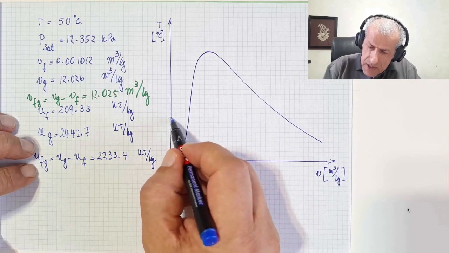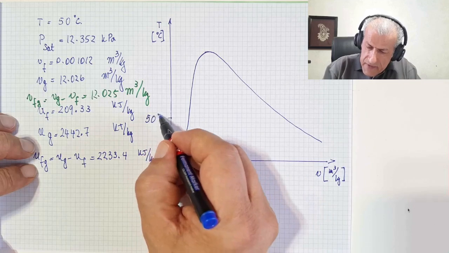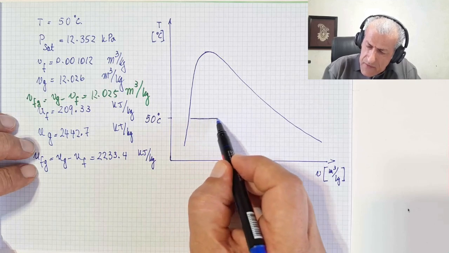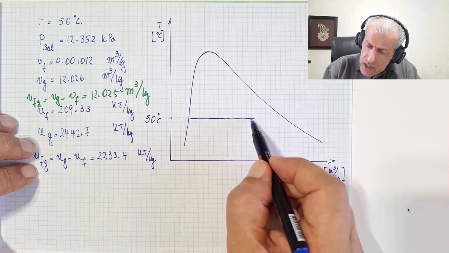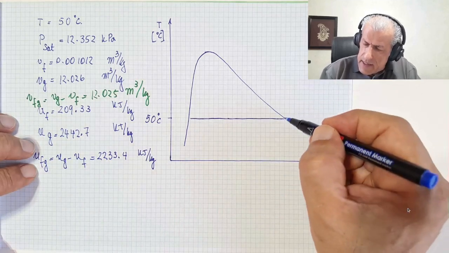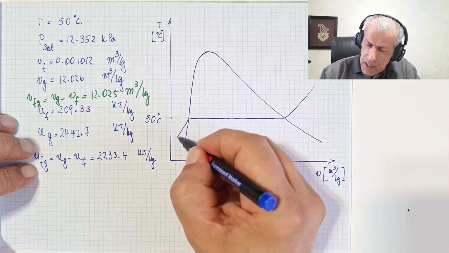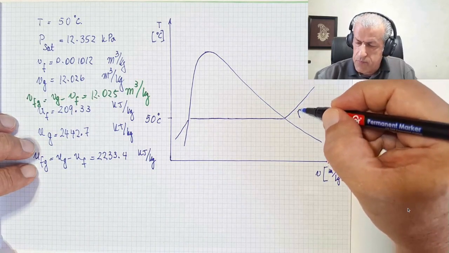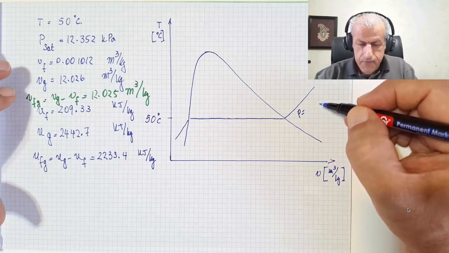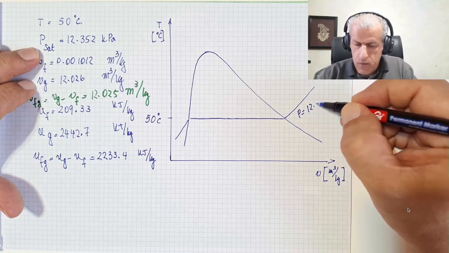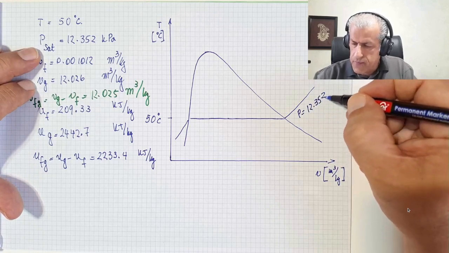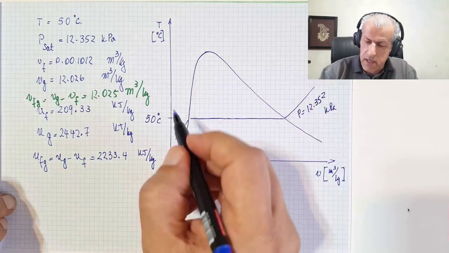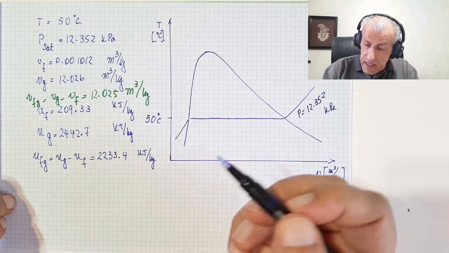We know the temperature, and this is, say, 50 degrees C. So what I would do is draw the 50 degrees C saturation line, and this is the constant pressure line. And what we have learned is that P here, P equals 12.352 kilopascal. That's our pressure, and this is the 50 degrees C.